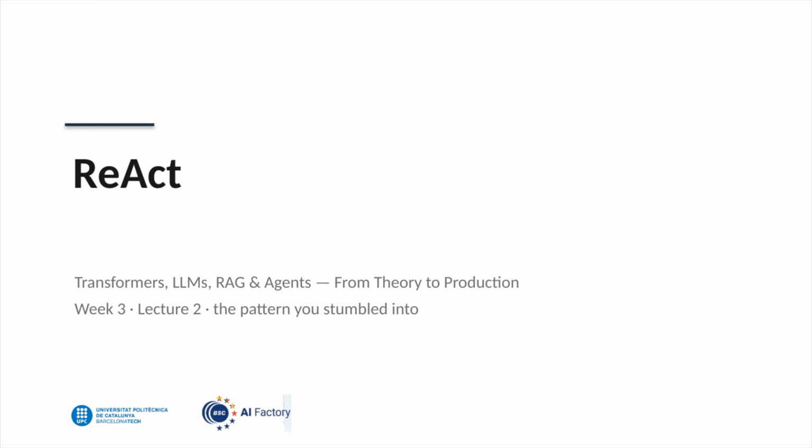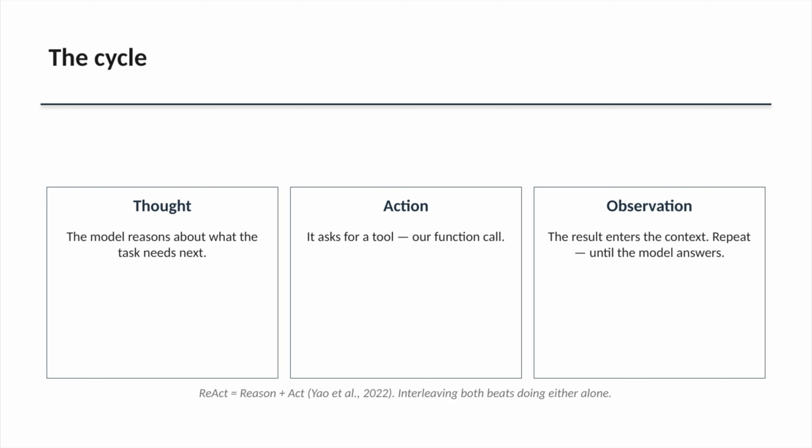Now let's give the pattern its proper name, because it has one and it comes from a research paper. It is called ReAct. ReAct stands for Reason plus Act. The paper, by Yao and colleagues, published in 2022, proposes a simple cycle. First, a thought. The model reasons about what the task needs next. Then, an action.